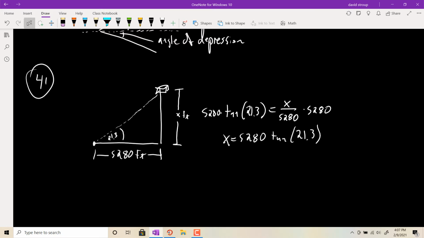Let's put that into our calculators and get an approximation to the nearest foot. Geez, it's about half a mile tall. That is ridiculous. So it's 2,059 feet tall. Under a half mile, but it's still really tall, right?